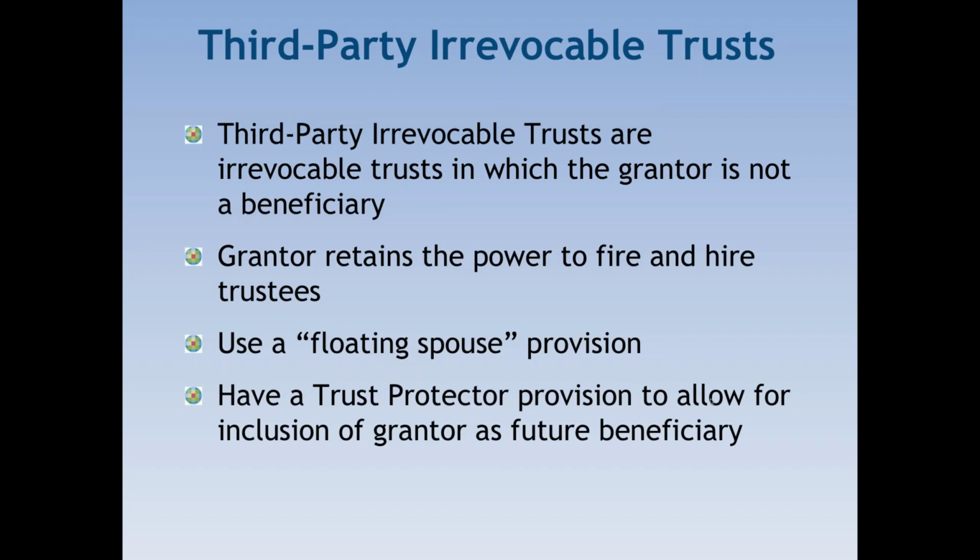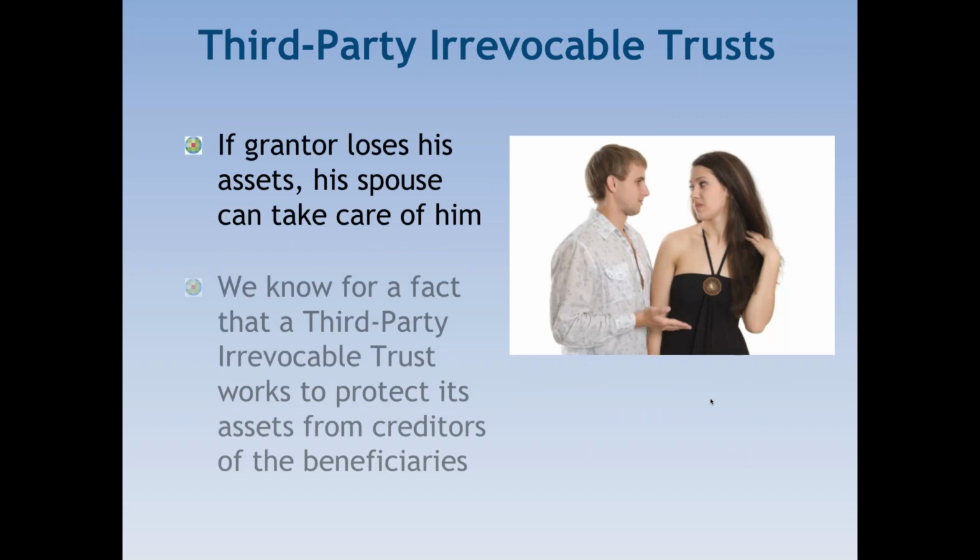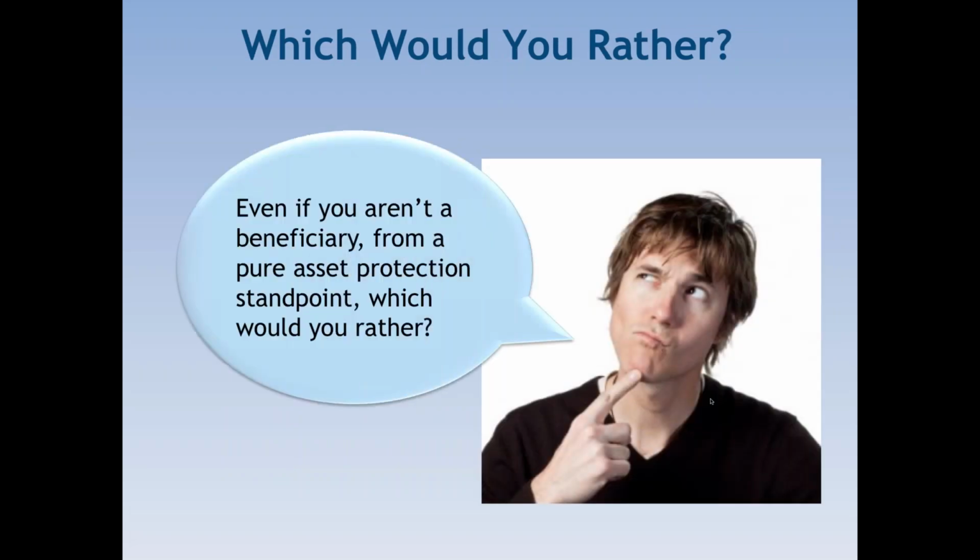This is something that the attorney you work with would serve as, a trust protector to allow the inclusion of the grantor as a future beneficiary. So with this trust, if a grantor loses his assets that are not in the asset protection trust, his spouse can take care of them. We know for a fact that these work to protect assets from creditors of the beneficiaries, no question at all.